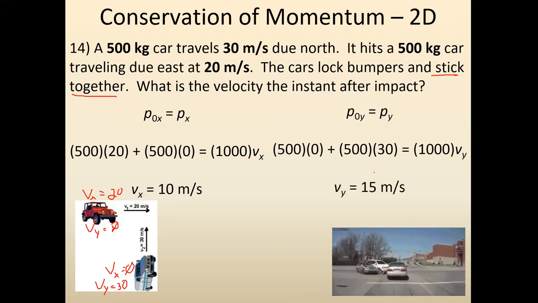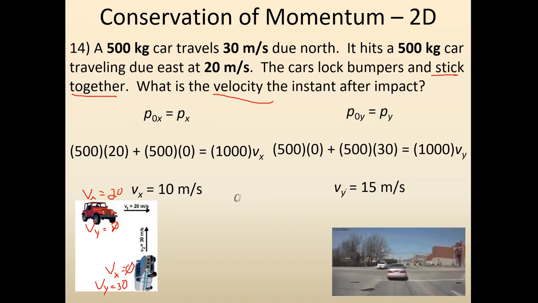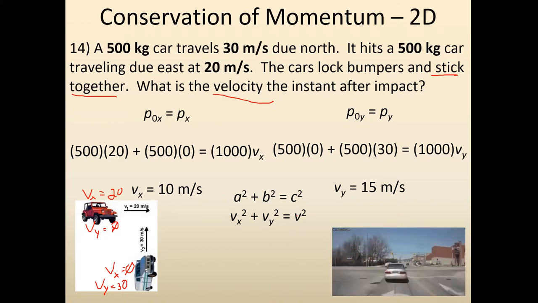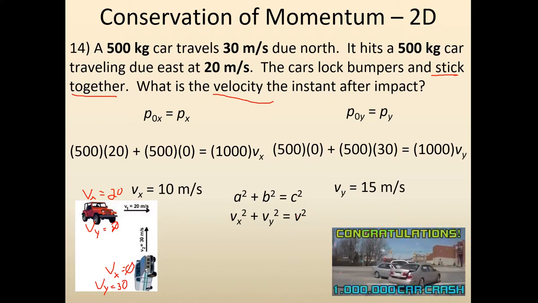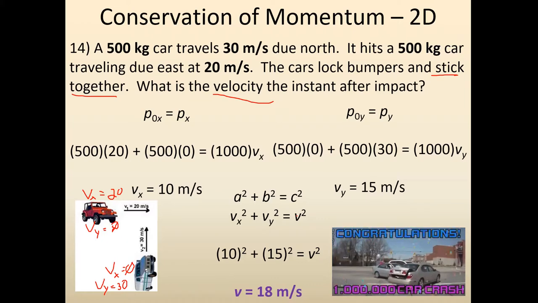I end up getting that the y component's 15. Now these aren't my answers because it wants the actual velocity, not the components of the velocity. So I'm just going to do Pythagorean theorem, where the a, the b, and the c are the x component, the y component, and the final velocity respectively. So plug my numbers in, and in the end I get 18 meters per second.